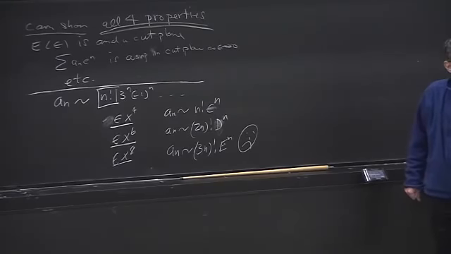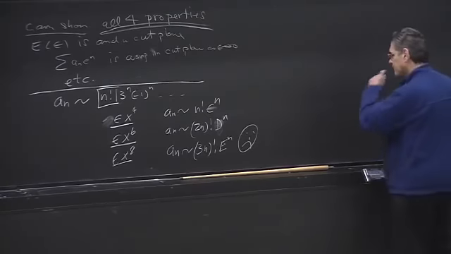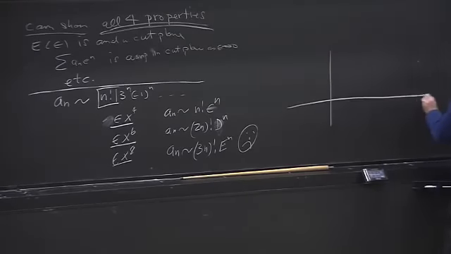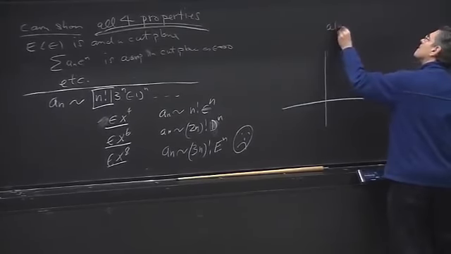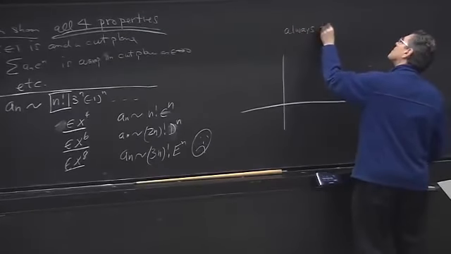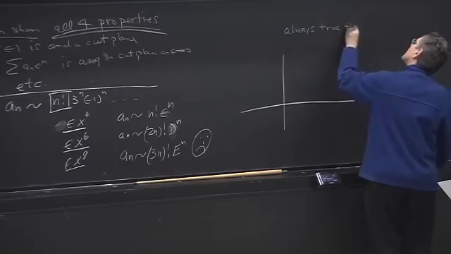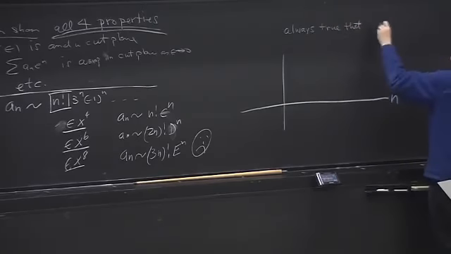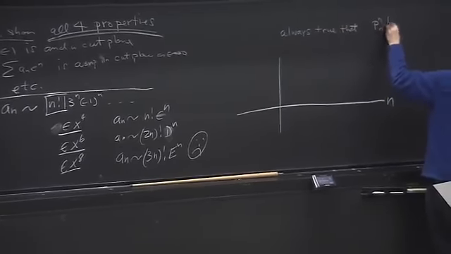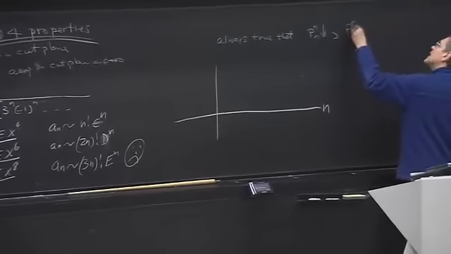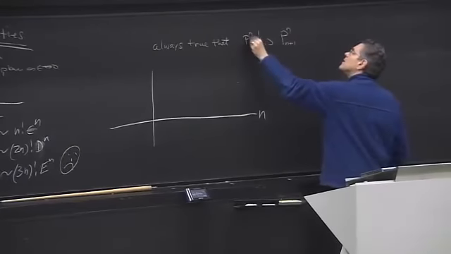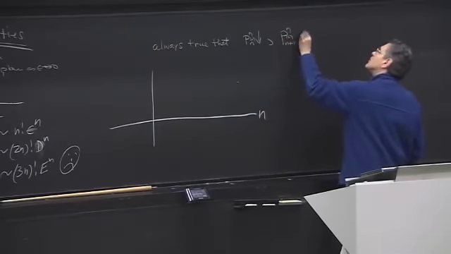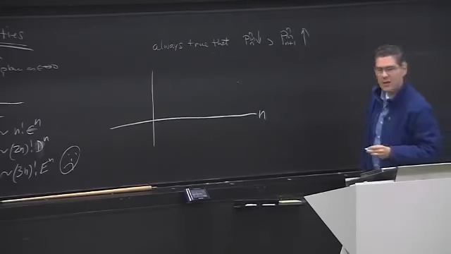Now, in fact, what you can prove, this is the last thing I'm going to tell you, is that if you make a plot of n, it is always true that Pnn is going down, and Pnn plus 1 is going up monotonically.